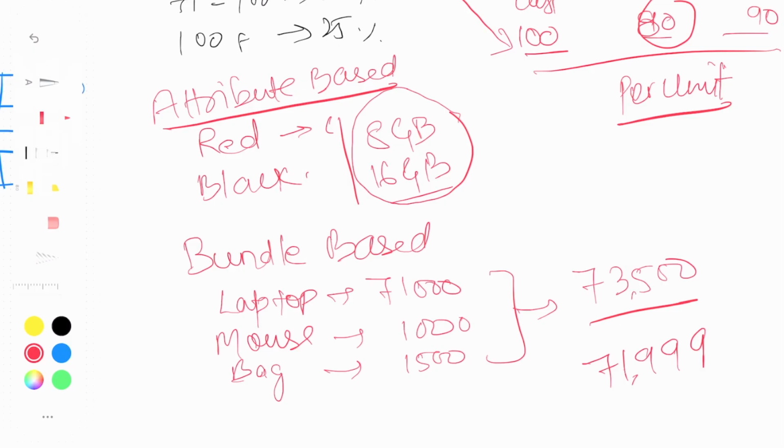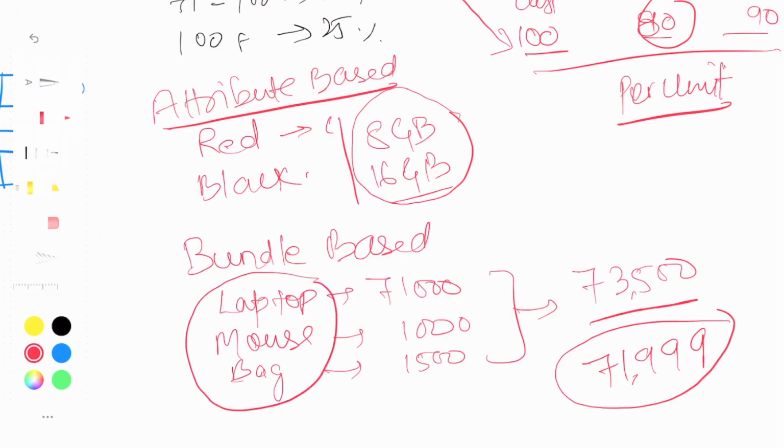That can be. So this is a bundle discount. When you are purchasing all together, then you will get this one. If you purchase individually, you will get this amount.